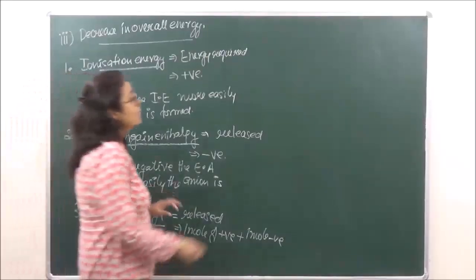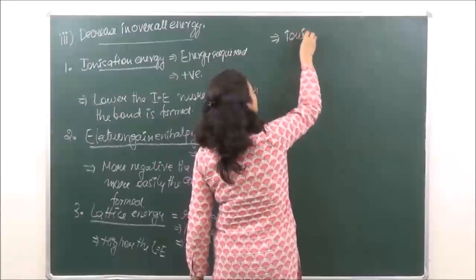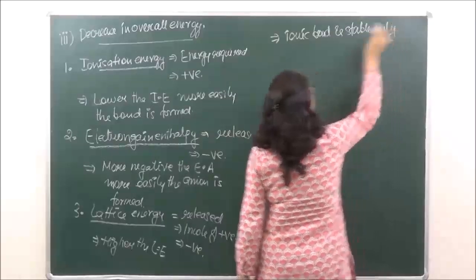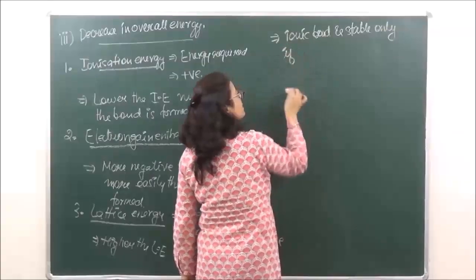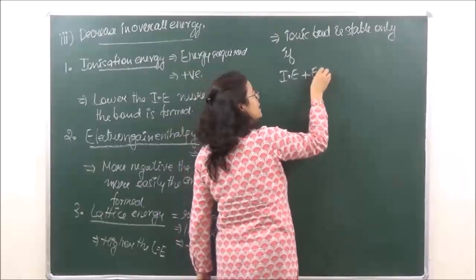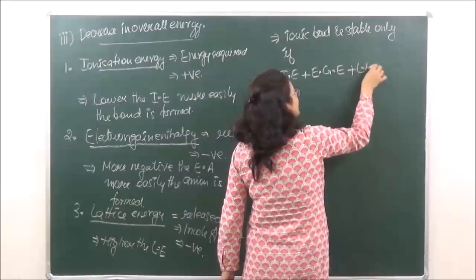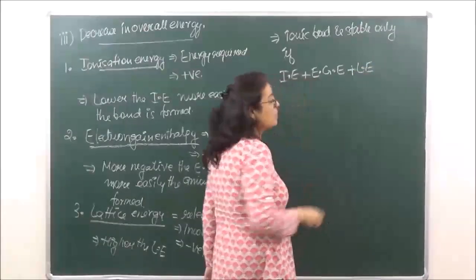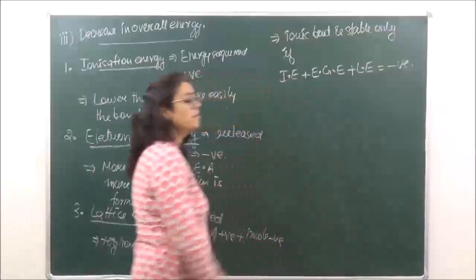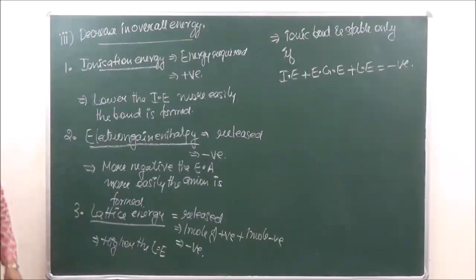Okay, so an electrovalent bond or ionic bond is stable only if ionization energy plus electron gain enthalpy plus lattice energy, when we add up all these energies, gives a negative value of energy, then the bond formation can take place.